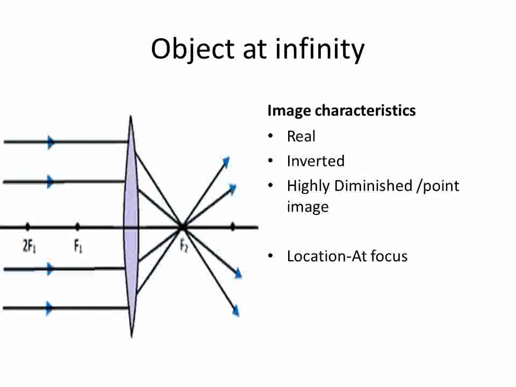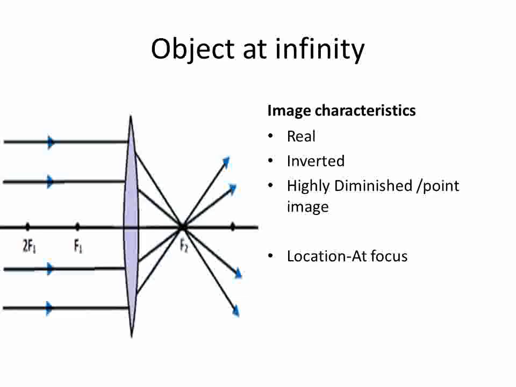Now the image formation by a convex lens when the object is at infinity. Rays are coming parallel to each other. If the object is placed at infinity, they fall on the convex lens, and the nature of the convex lens is converging, meaning collecting light towards the focus or principal axis.